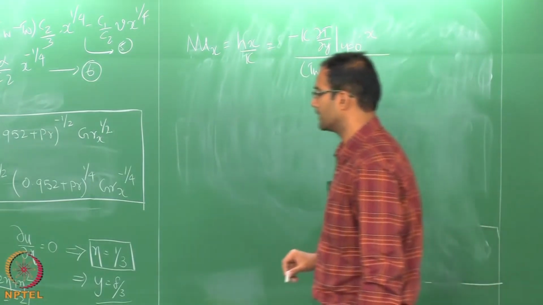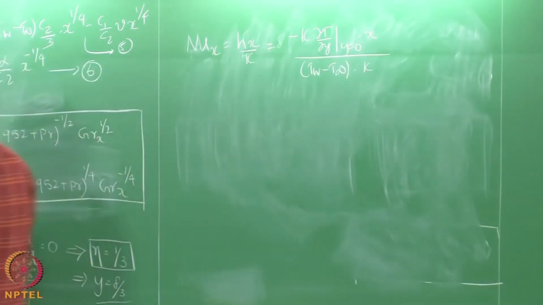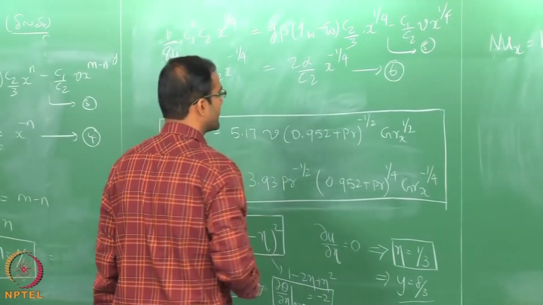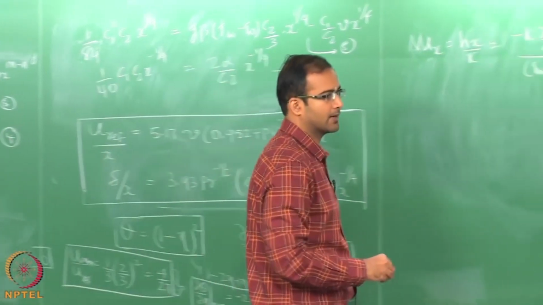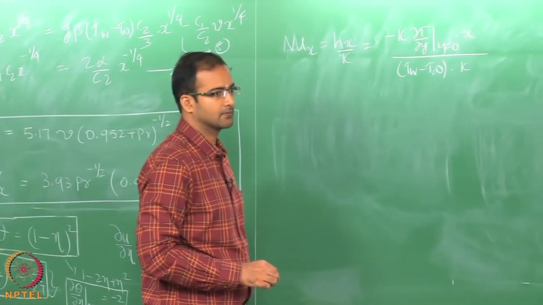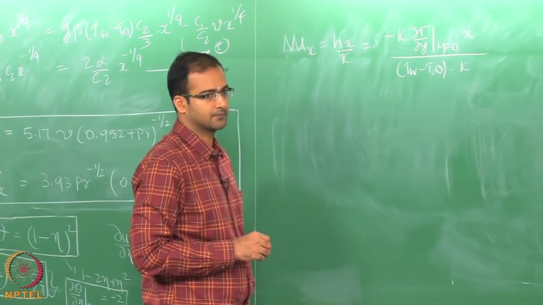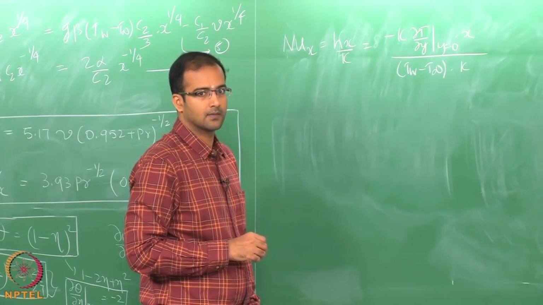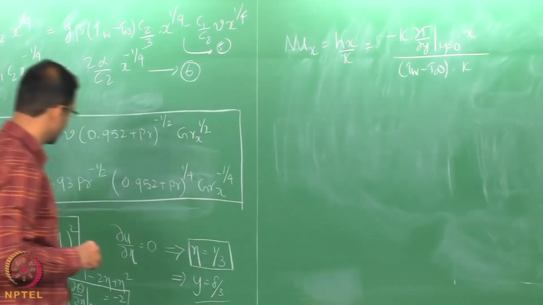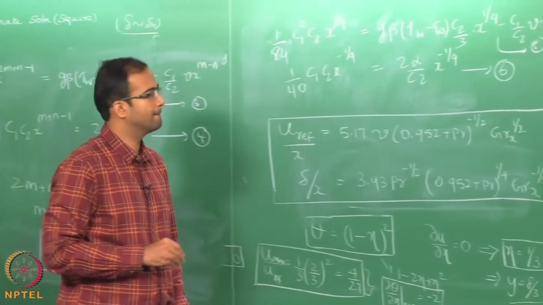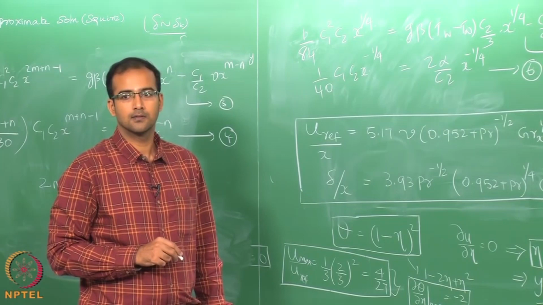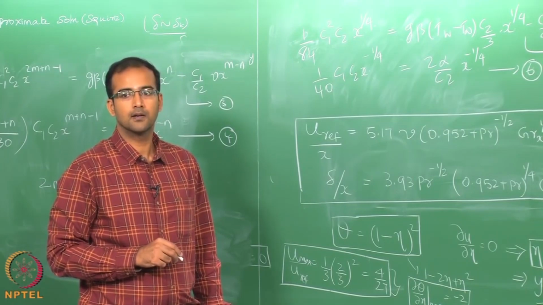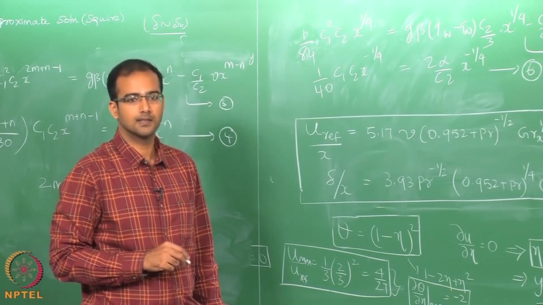So we already have the profile for temperature and we already got dt by dy at y equal to 0. What was it? Minus dt by dy at y equal to 0, 2 by delta, that is it, 2 by delta.